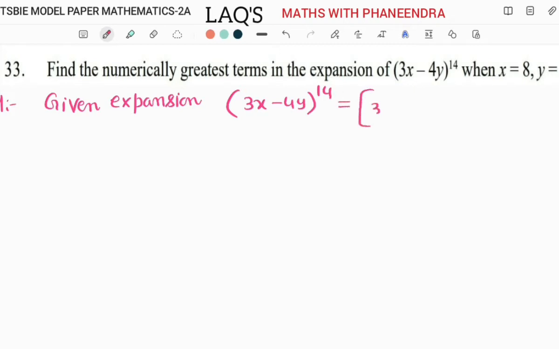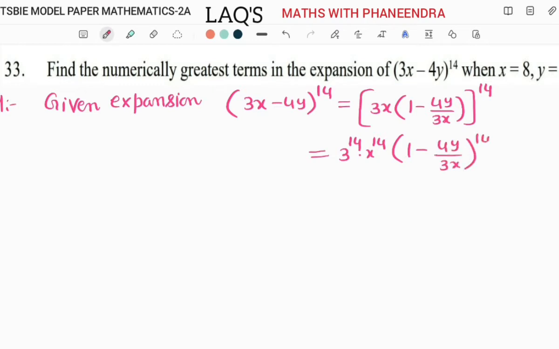I already said that I am taking 3x common here: (3x) whole power 14 times (1 minus 4y by 3x) whole power 14. That means 3 power 14 into x power 14 times (1 minus 4y by 3x) whole power 14.